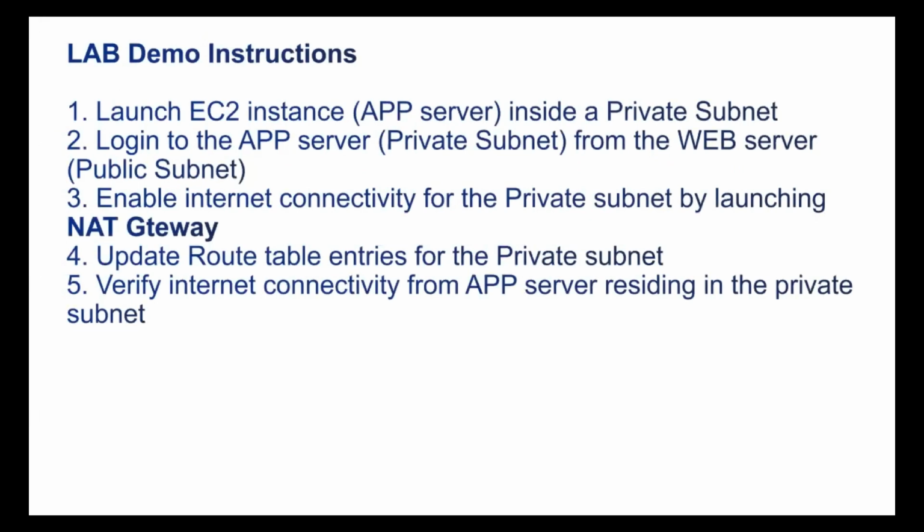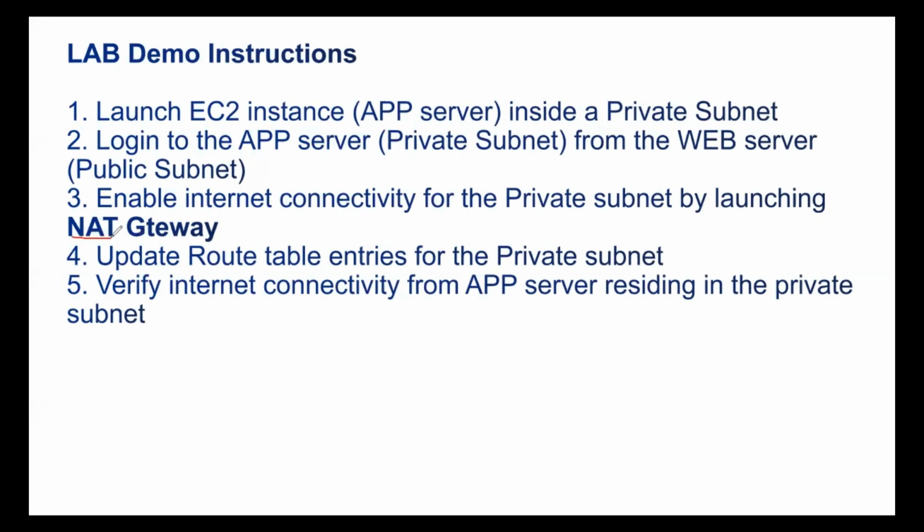So these are the instructions for the lab demo. First, we will launch an EC2 instance inside a private subnet. Then we will log into the application server inside the private subnet from the web server. Then we will provision an important component called the NAT Gateway.